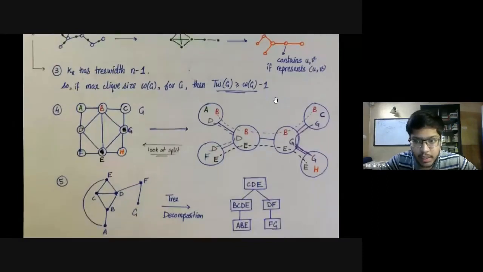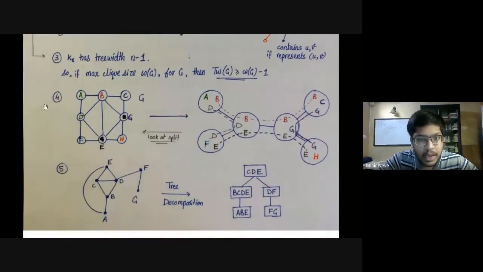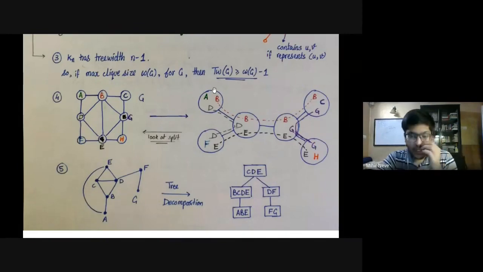So I'll look at this example. Have a look at this example, okay? So this is a graph and this is its tree decomposition. Question is, why is this a tree decomposition? So this is your T, and 1, 2, 3, 4, 5, 6 are the nodes of this tree, and the connected ones are the edges of this tree.